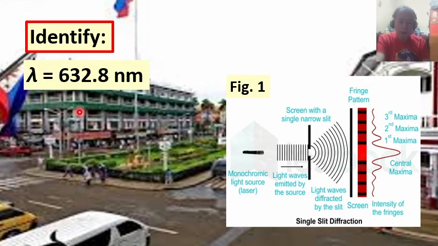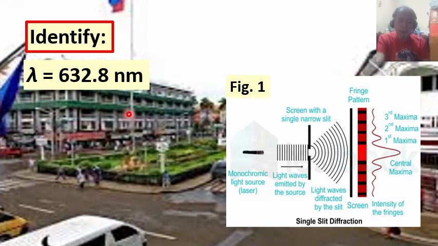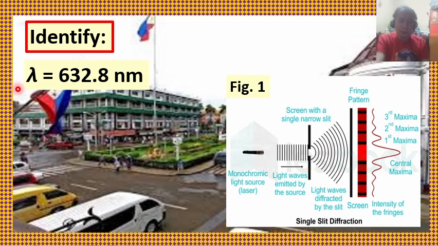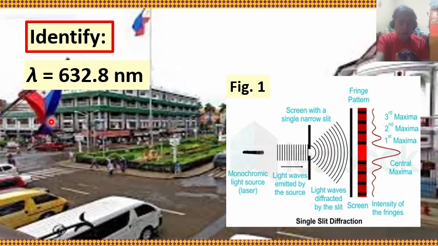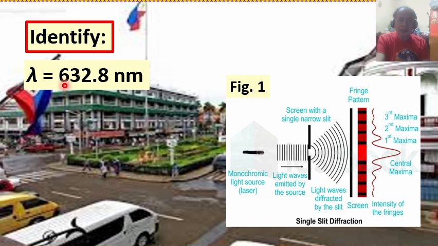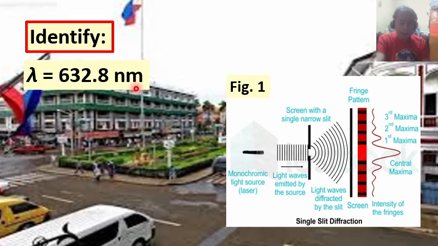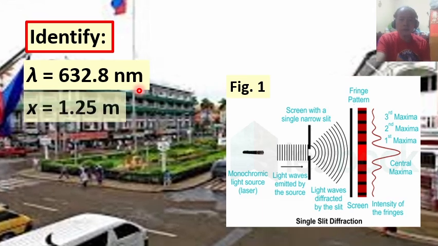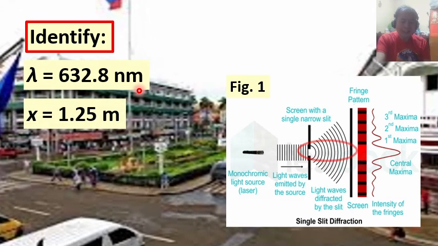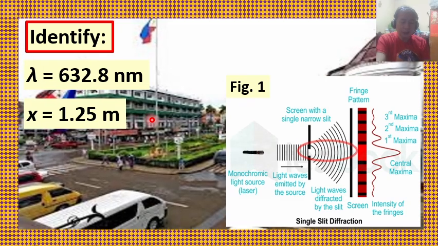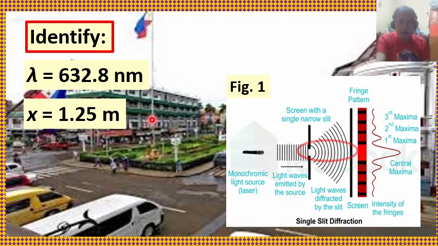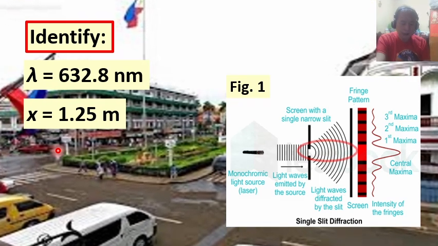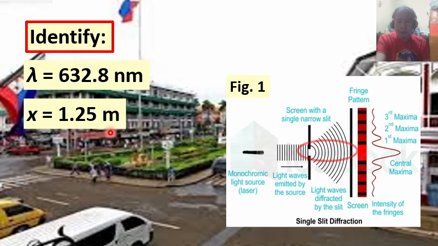In this problem, we are given the wavelength of the monochromatic incident light denoted by the Greek letter lambda, which is equal to 632.8 nanometers. The distance between the slit and the screen, denoted by small letter x, is equal to 1.25 meters.